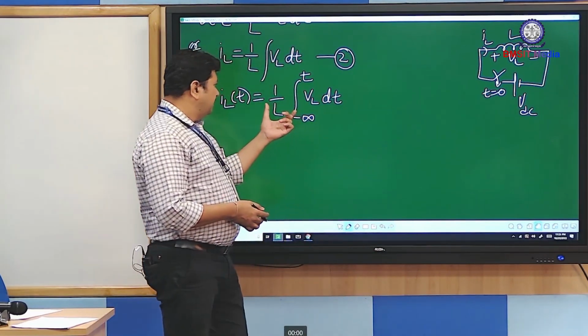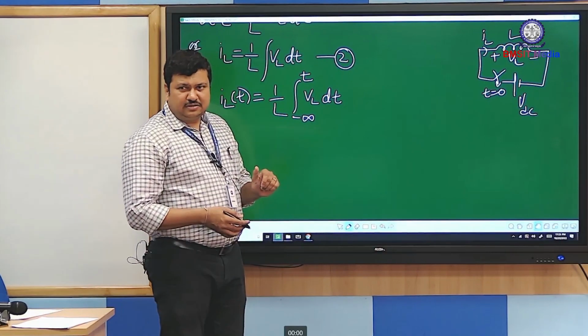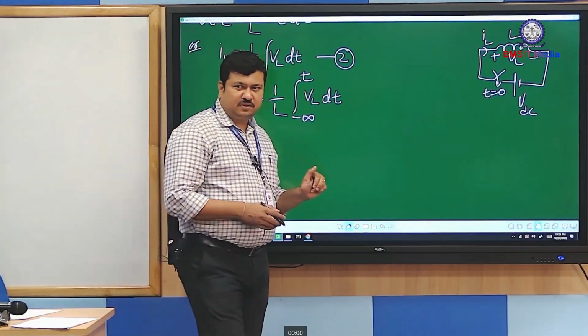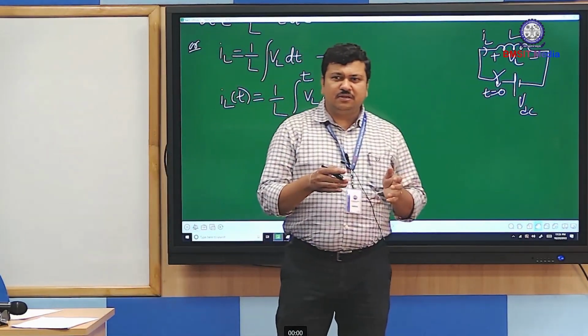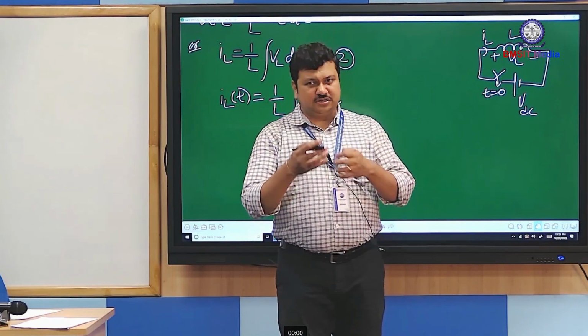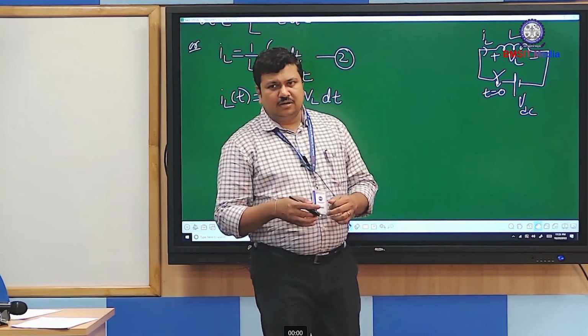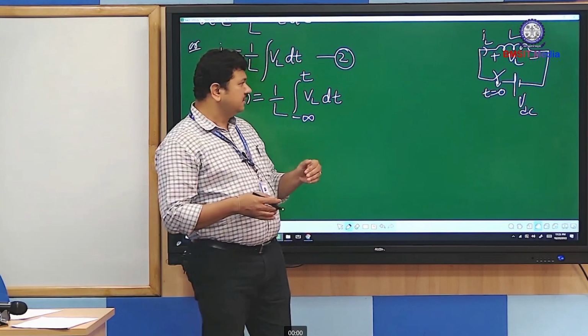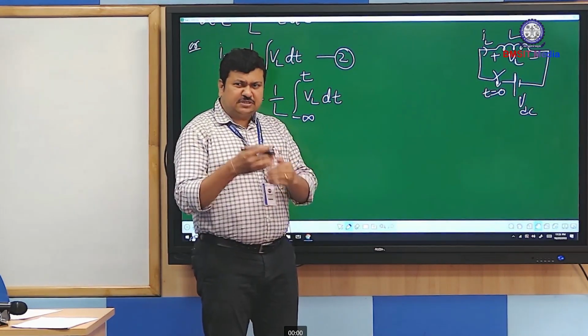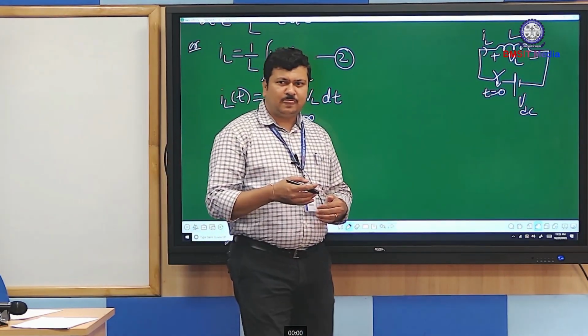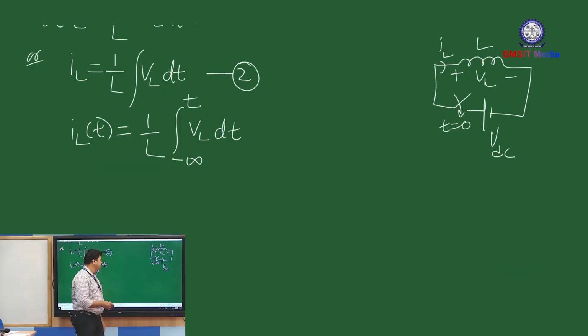Now I will rewrite this integral in two parts. One represents the system condition in its history period. The other represents the system condition from just before the switching operation to some time instant t. So, 1 over L integration from minus infinity to 0 minus.